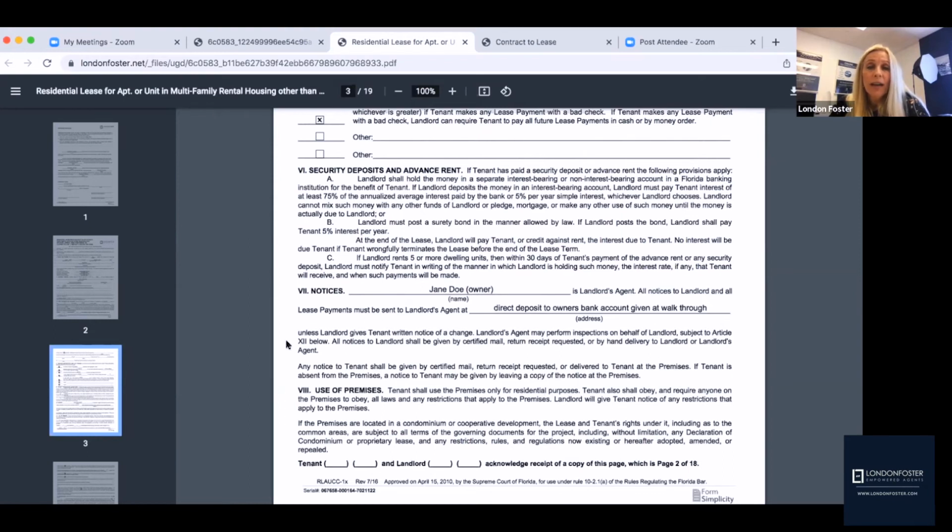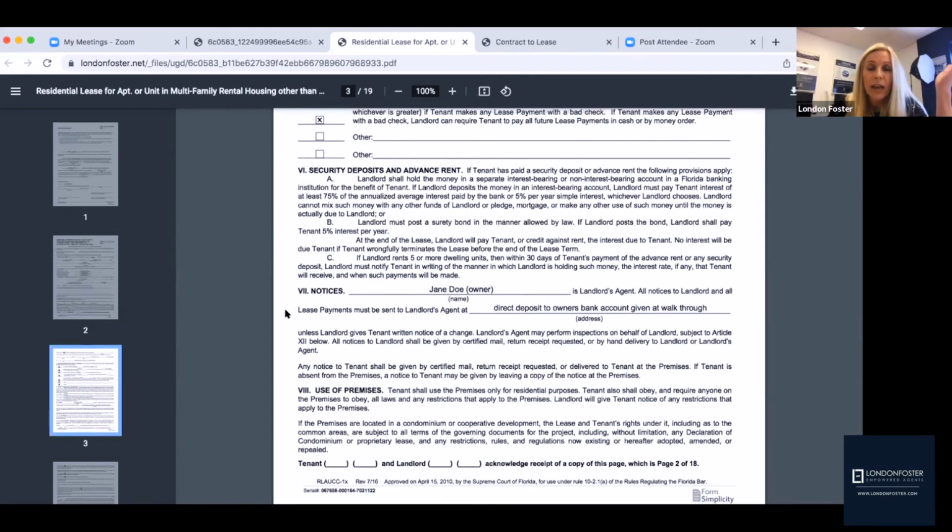She's put there, and generally the lease payments will be sent to, if they're going to be electronically sent, and this is what all my clients are doing right now, I write here, direct deposit to owner's bank account. And I usually don't put that in writing where everybody would be copied, like this lease.